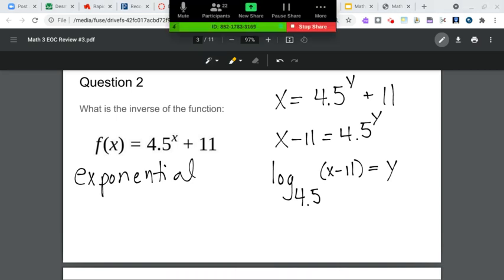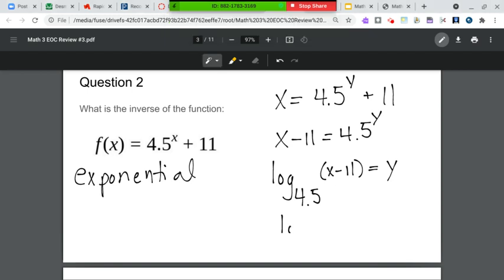Okay, another way that we can see it, just to show you one more example, is change of base formula. So this could also be seen as log of x minus 11 over log 4.5 equals y.